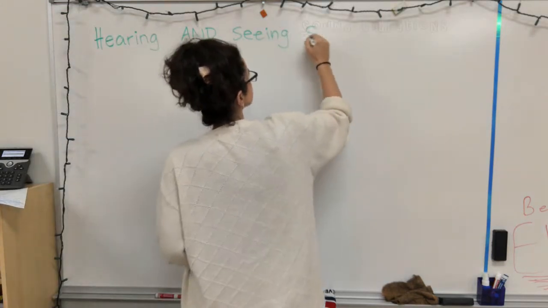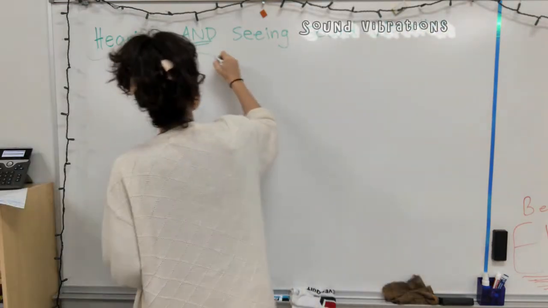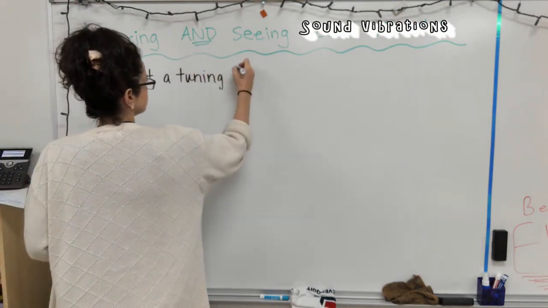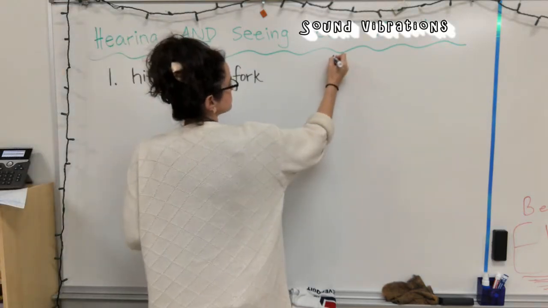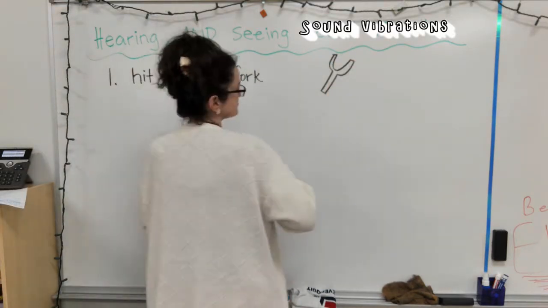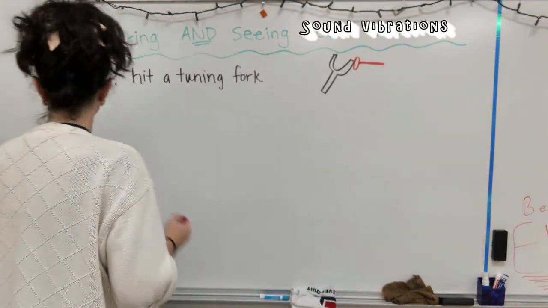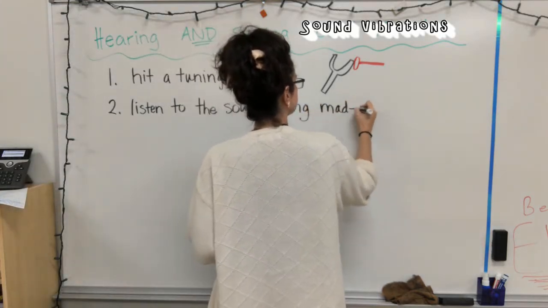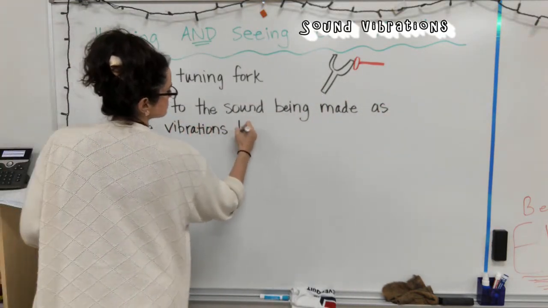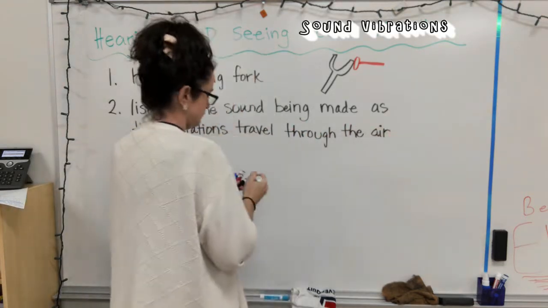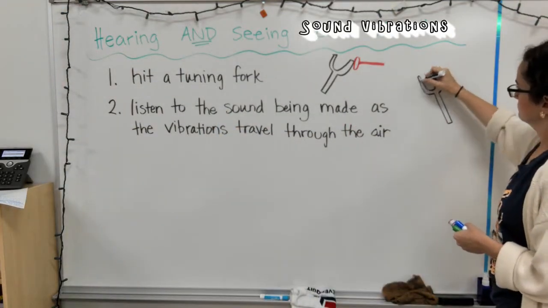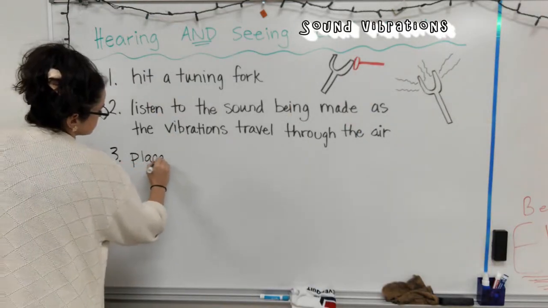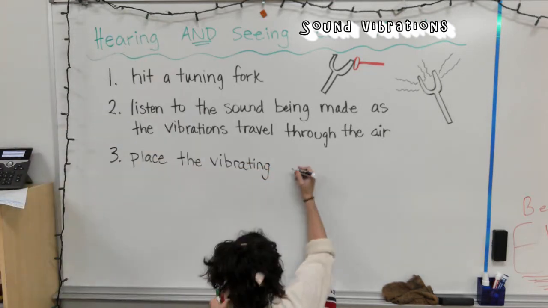With this experiment demonstration, we're going to visually see sound vibrations moving through the air and then through water. And by doing so, we're going to be using a tuning fork. So we're just going to hit that tuning fork, and we're going to hear the sound first. And as those vibrations are moving through the air, I'm going to then place the tuning fork in a petri dish of water. And then we're going to see science happen.